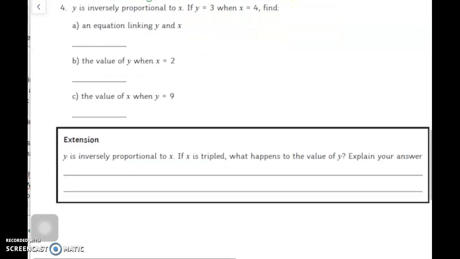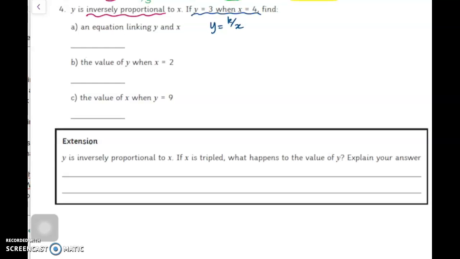Okay, question 4. Y is inversely proportional to x. So we can write that equation down. Y is equal to k over x. We're told that when y is 3, x is 4. So 3 is equal to k over 4.